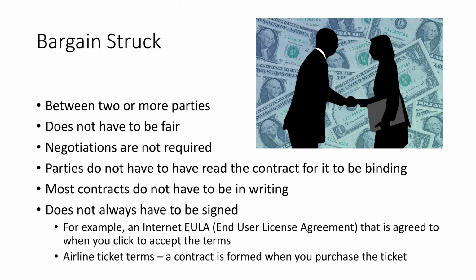But there's a contract behind it. They can change the flight, they can change the time, they can cancel the flight, the flight can be delayed, all kinds of things. They can change the aircraft. There's all kinds of things that they can do that's behind that airline ticket purchase. So parties don't have to have read the contract for it to be binding.